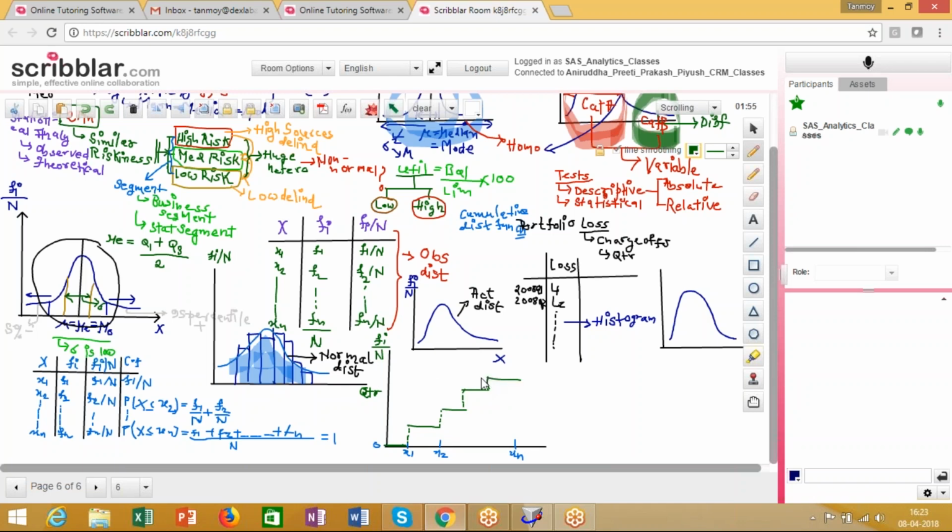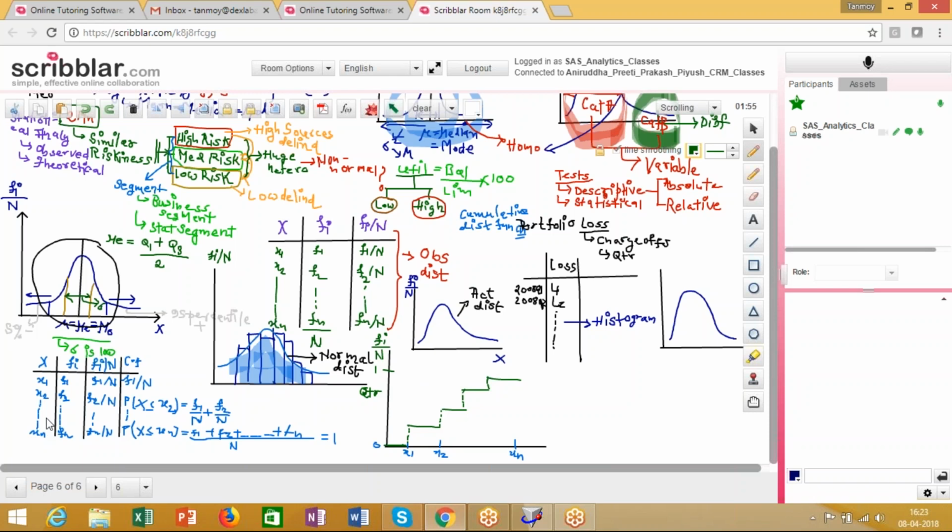The point where this value hits the last value is 1. The probability that x will take a value less than or equal to xn is 1, because the only values that x can take are between x1 and xn.